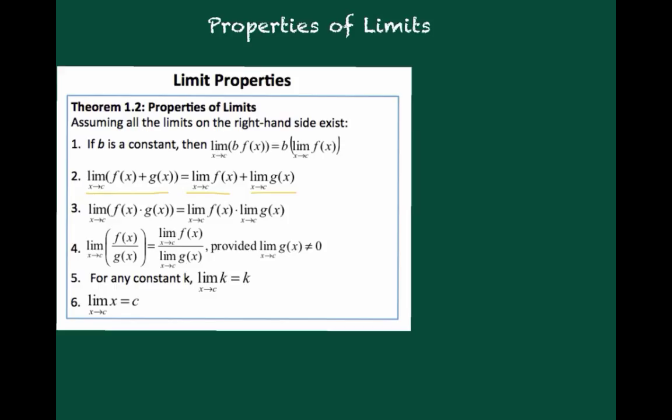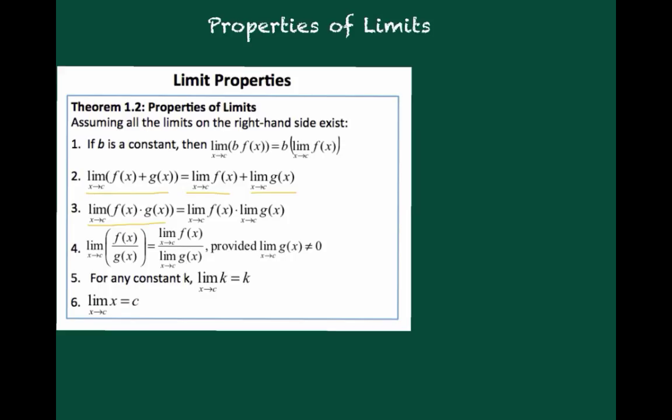You can evaluate a limit of a product of 2 functions by taking each individual limit. You don't need to do them together. And not surprisingly, with number 4, you see that you can break up a quotient into 2 individual limits as well, provided the denominator is not approaching 0 as x approaches c.